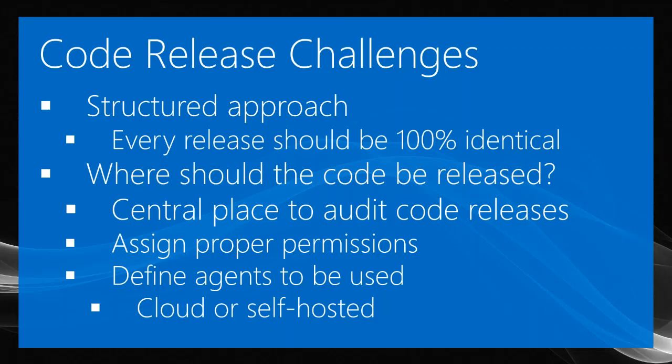So we need to assign proper permissions to that process so that it can actually communicate with our platform. Now, depending on where this process resides, and Martin will show you later how to use Azure DevOps for this, that means that Azure DevOps is a SaaS application.